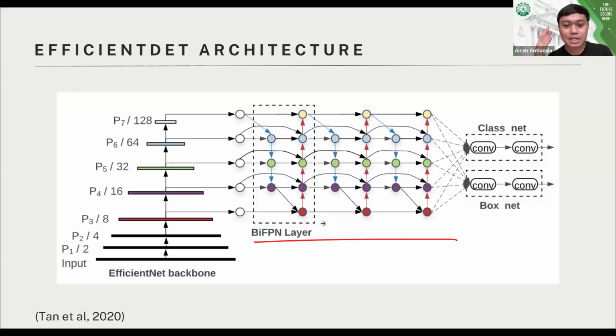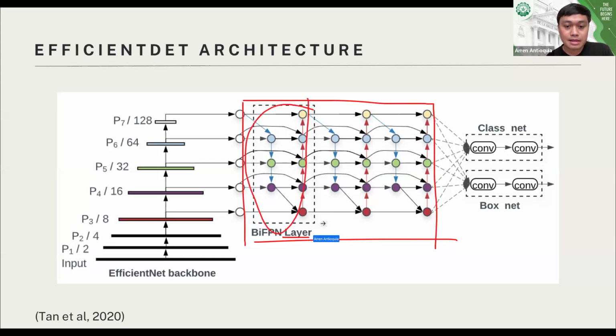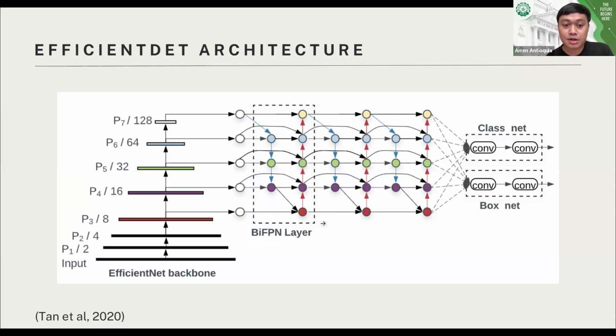But I actually view the whole BiFPN as a module, basically a collection of different layers. This is just one layer of the BiFPN, and we see that it's composed of different convolution operations. But to answer the question, I would consider this skip connections, similar to the idea of skip connections in ResNet.